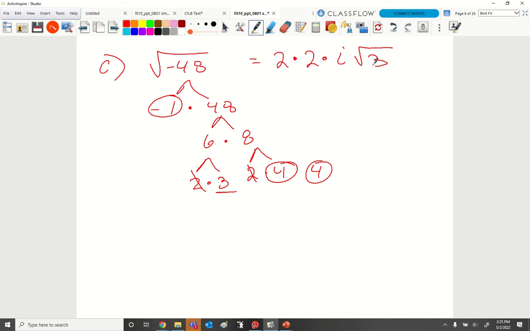Wait, so why didn't you put the 2s inside the square root? Okay, see this right here? This actually says square root of 4. And this is also square root of 4. What is the square root of 4? 2. This one is that 2.